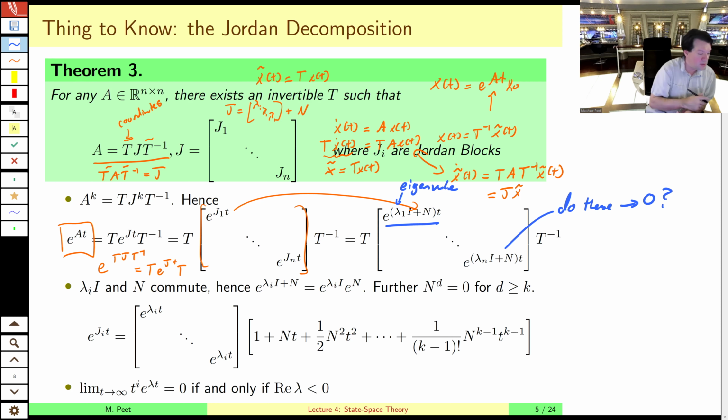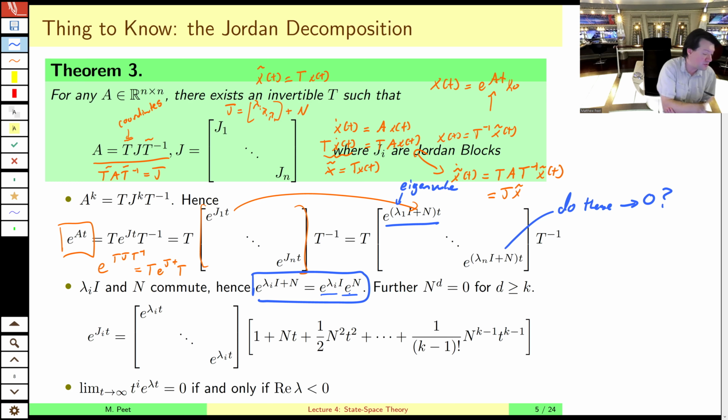So the next thing we do is we show that you can decompose this addition in the exponent into the matrix exponentials.